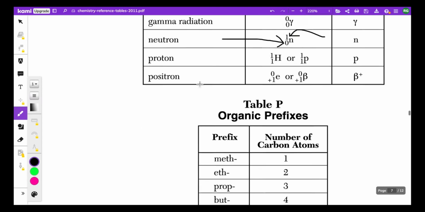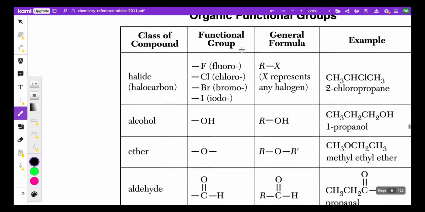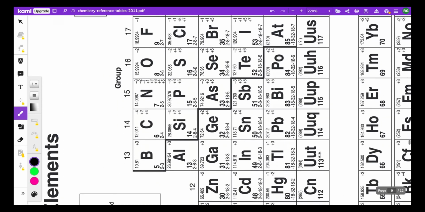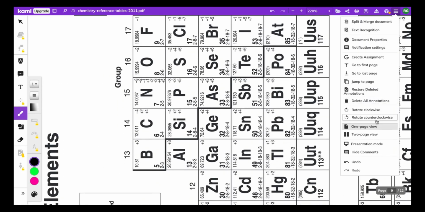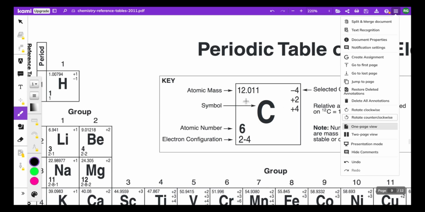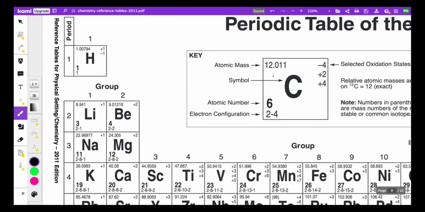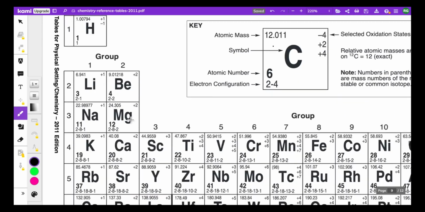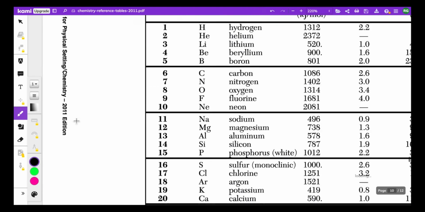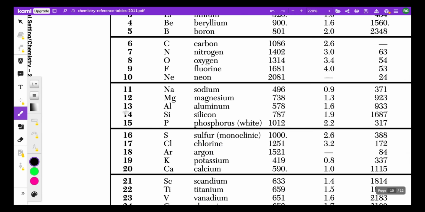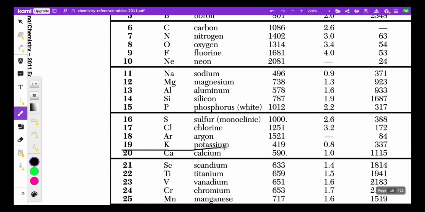So in this case, scroll down to your periodic table and you'll see potassium. If you don't know what potassium is, here you go, element 19.